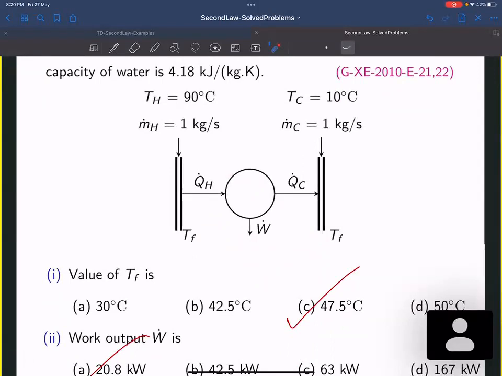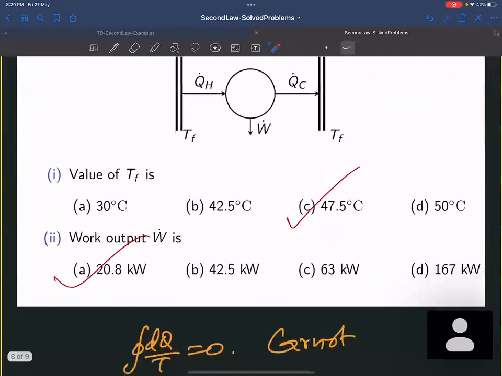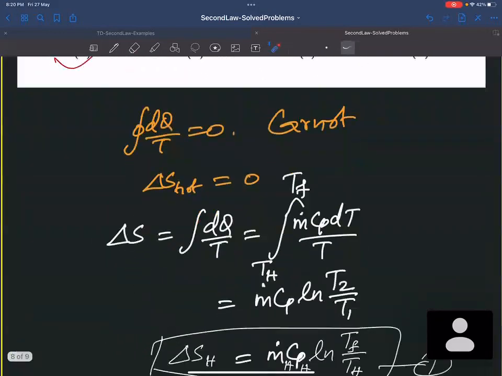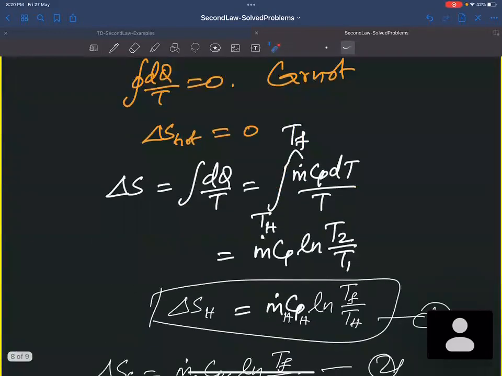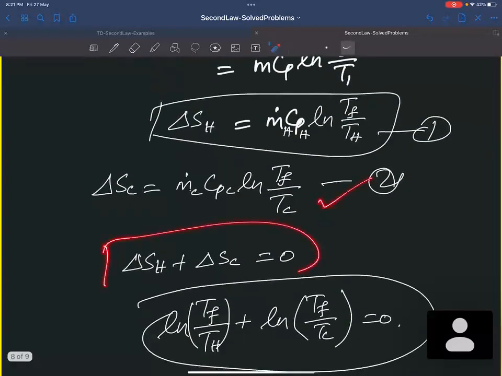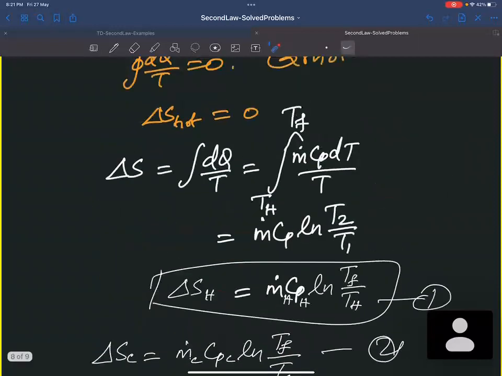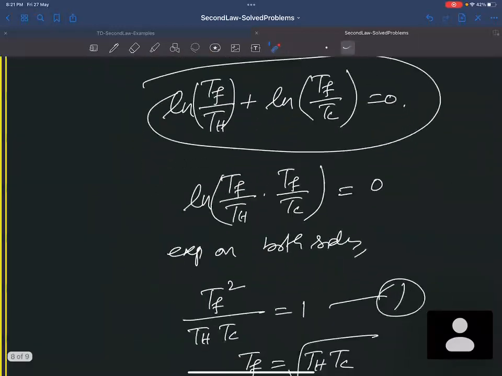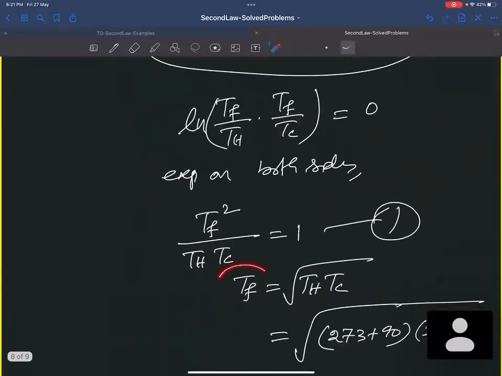So how are we solving this problem? Since it is a Carnot cycle, for a Carnot cycle, the cyclic integral of dQ by T is 0, and dQ we are writing as m Cp dT. From this we have this formula, and total entropy equal to 0. From which we are able to get a value of TF.